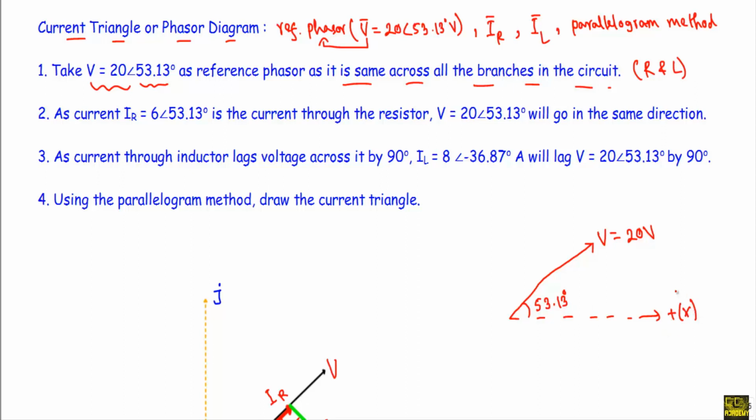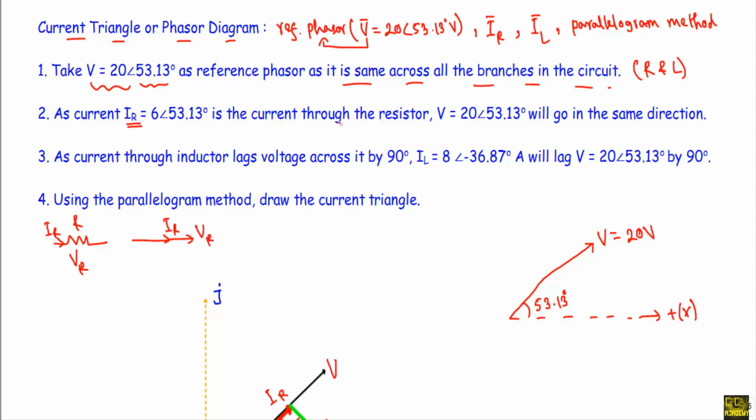Okay, now see, the current IR is the current that is going through the resistance. If I have a resistance R, if the current through the resistance is IR and the voltage across the resistance is VR, in case of resistor, the voltage and the current will go in the same direction, so VR and IR will be in phase.